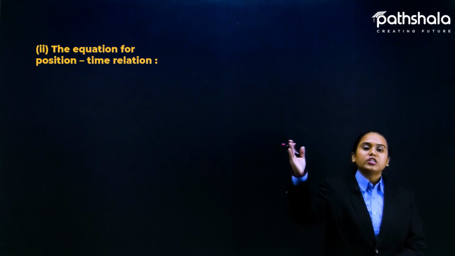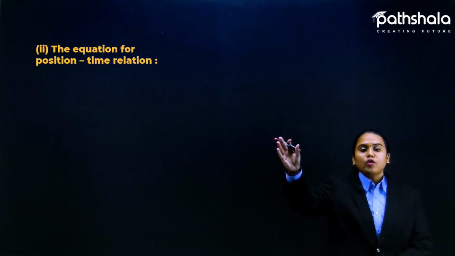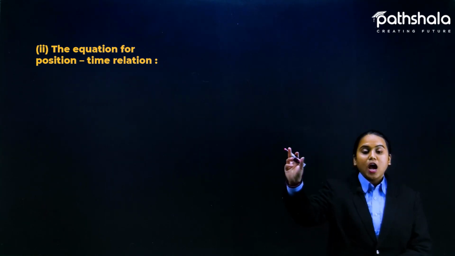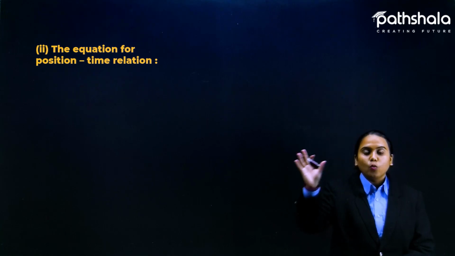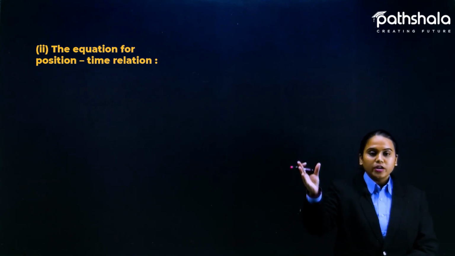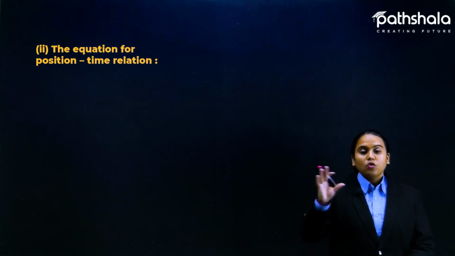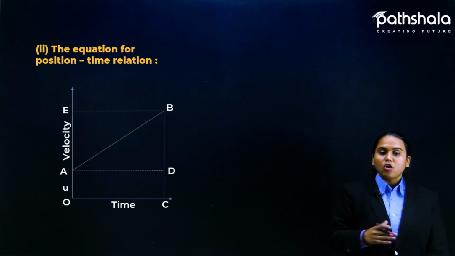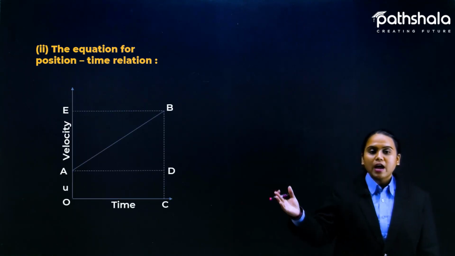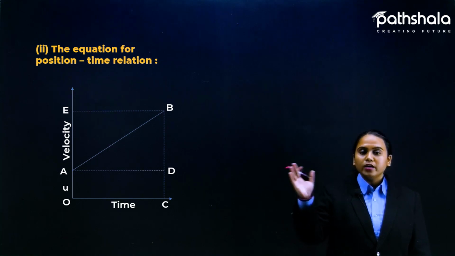Okay, so here the position-time relation gives you an idea of the distance, how much distance is covered in a particular journey or particular event. According to that, we have the same graph that we covered in the earlier part.